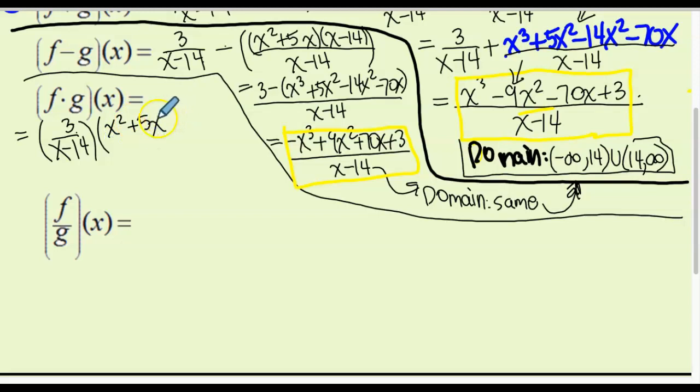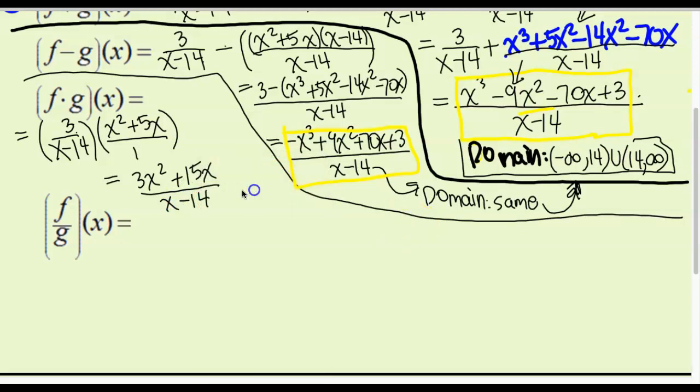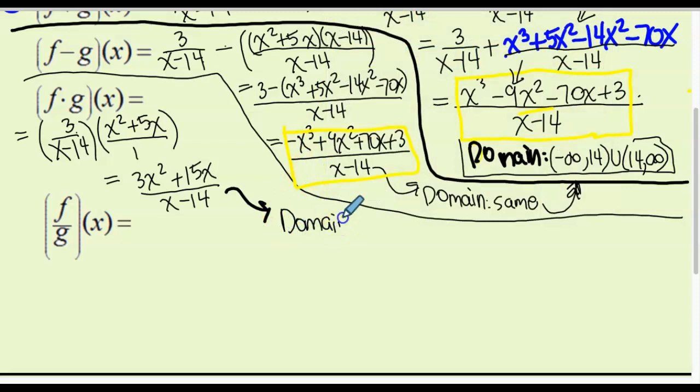And then we're going to take g of x, and we're going to multiply those together. Now, when you multiply two fractions, pretty straightforward. The second fraction can be over 1. So you get 3 distributed, 3x squared plus 15x, and the bottom is just x minus 14. And that's it. And notice that one more time, the domain is the same. So when you find the original domain, you pretty much end up copying it several times, so you do end up with that same domain.